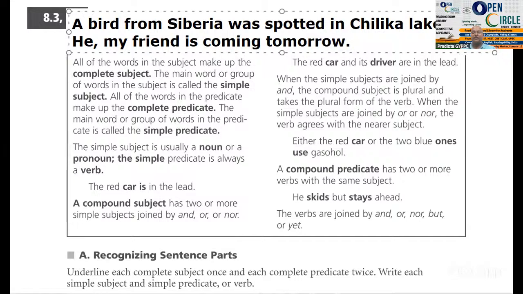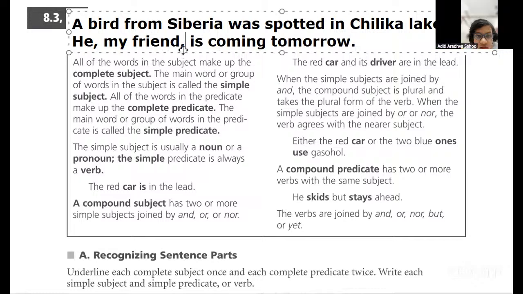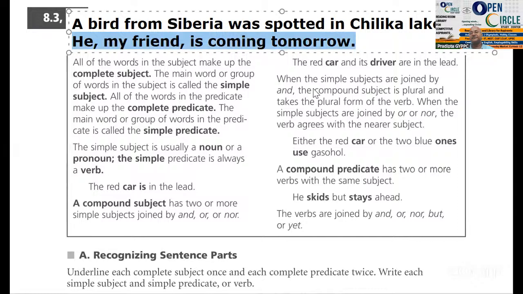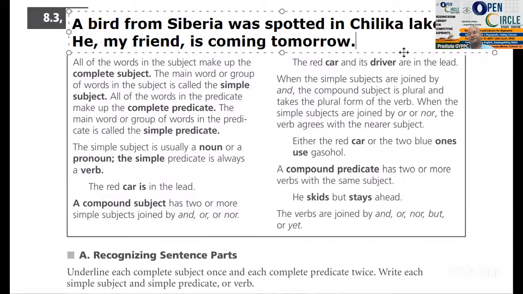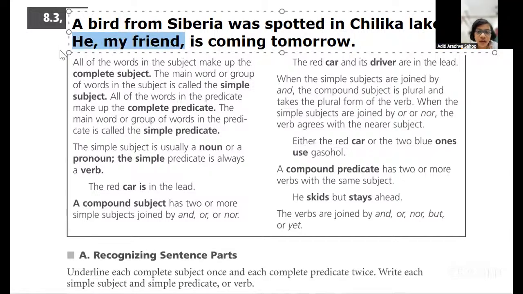Now tell me here, what is the subject? Aditya, Aradhya. Yes, sir. In this sentence, second sentence, what is the complete subject? Sir, he, my friend.